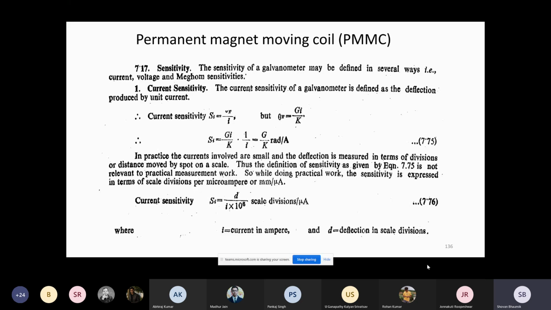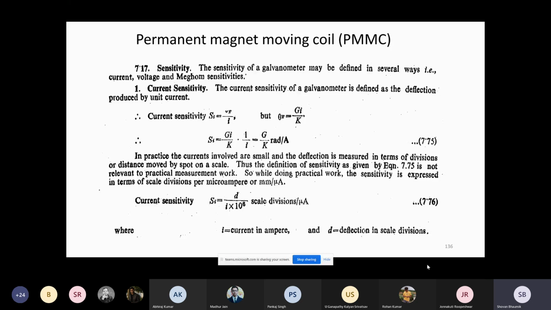So if the steady state deflection is theta F for the current I, we have the current sensitivity SI equals to theta F by I. But we know that theta F will be equals to GI by K. So the current sensitivity will be GI by K into 1 by I, which will be equals to G by K, because I will cancel.